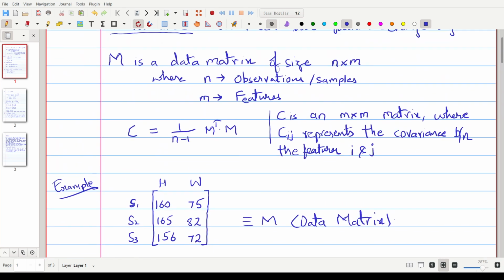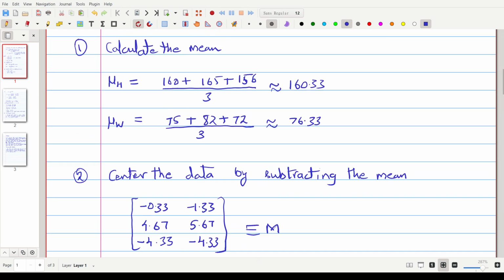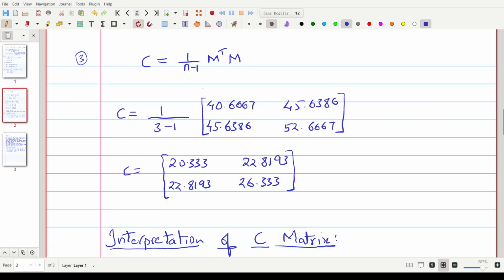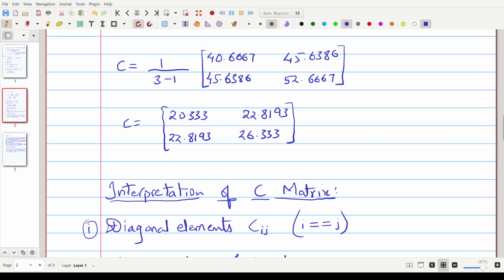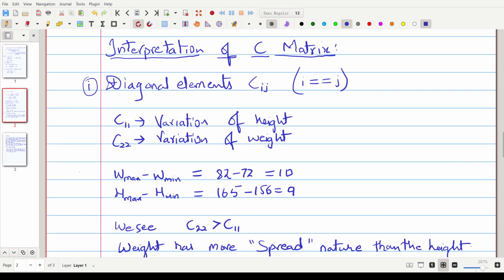So n is the number of samples. We substitute and end up with C as 20.333, 22.8193, 22.8193 and 26.333.